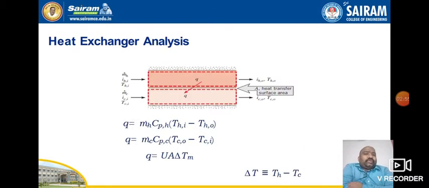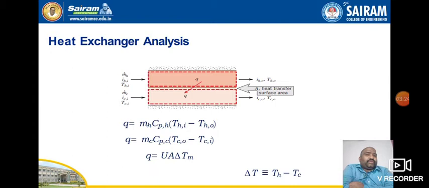Now we analyze how the heat exchanger performs. We must know that the general equation for the rate of heat transfer is Q = mCpΔT. For the hot fluid, it becomes Q = mH CpH (Thi − Tho), where Thi and Tho are the temperatures of the hot fluid inlet and outlet.